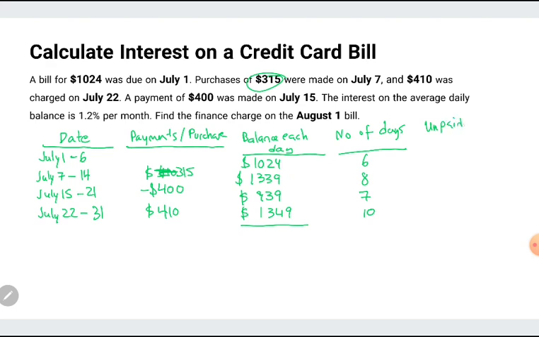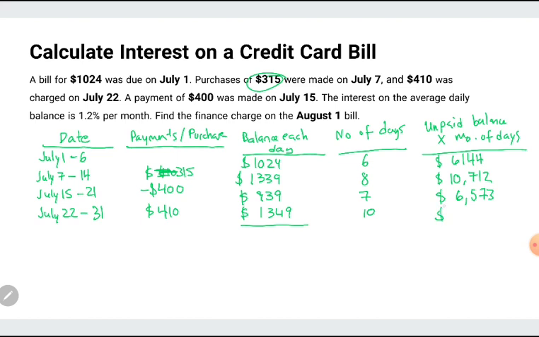Unpaid balance times number of days. So 6 times 1,024, 6,144. 8 times 1,339, 10,712. 7 times 932, 6,573.